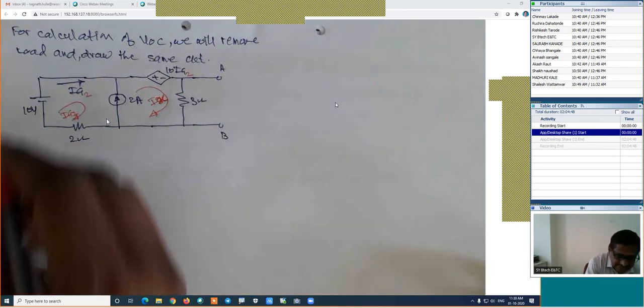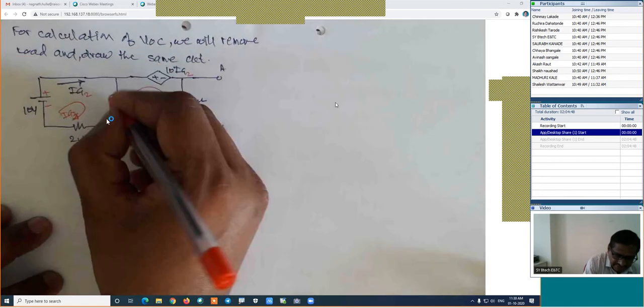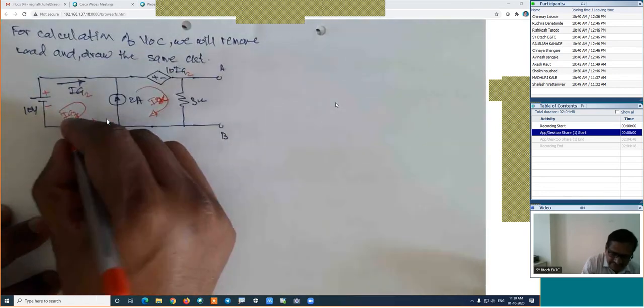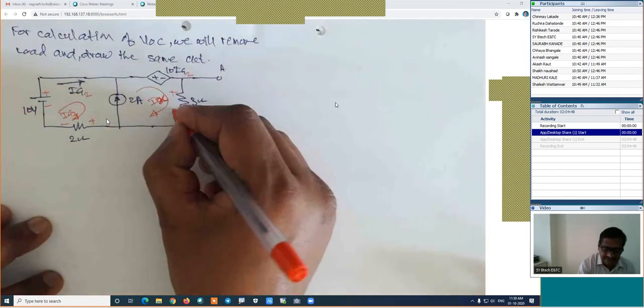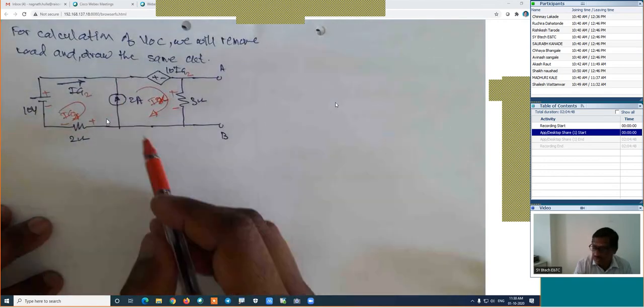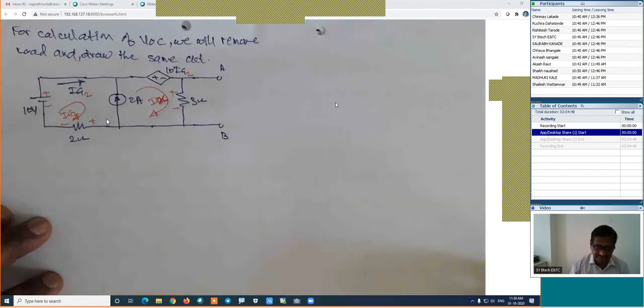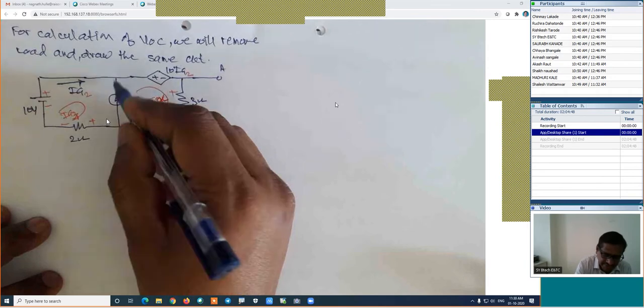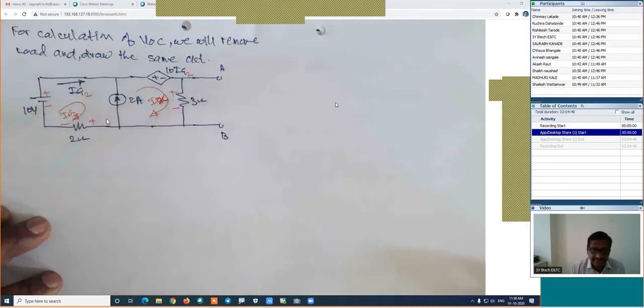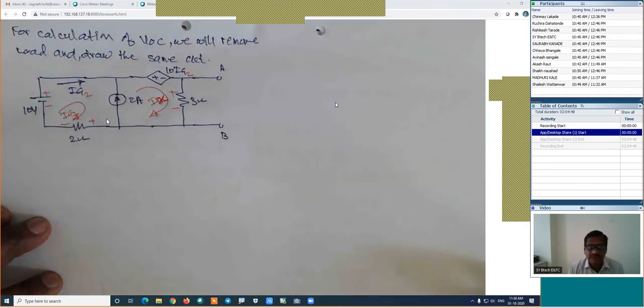Now mark the polarities. This will be plus minus. Here it is a plus and minus. Now apply the KVL to the loop 1, loop 2, or any other method and calculate its value. Here we can use the nodal analysis method also. This is node 1, this is node 2, this is one branch, second branch, and third branch. And any of the branch doesn't have the zero resistance path.